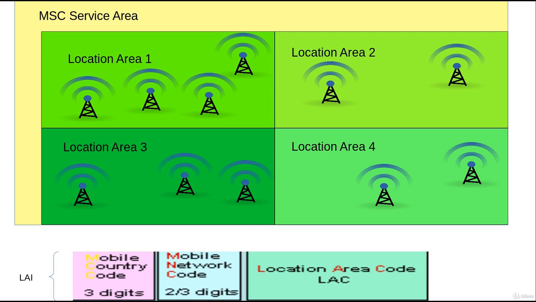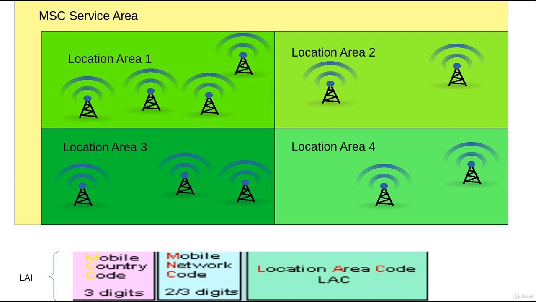Now, how are these location areas identified? Each of these location areas is given a location area code. The location area code makes these location areas unique within an MSC area. But you know that mobile stations also roam into other operator areas or into other countries. So you have to make these location areas unique globally so that roaming is possible.